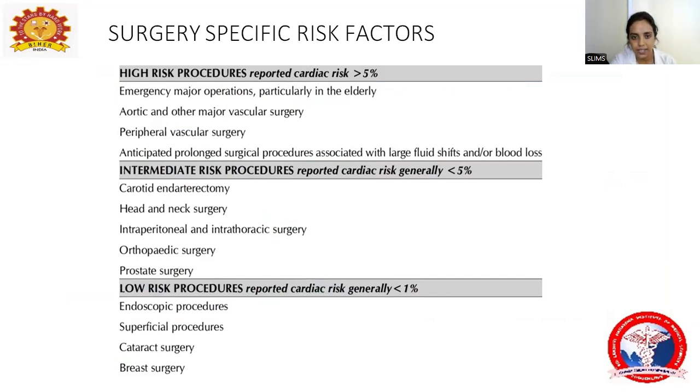These are carotid endarterectomy, head and neck surgery, intraperitoneal and intrathoracic surgeries, orthopedic surgery, and prostate surgery. A low-risk procedure, where the cardiac risk is less than 1%, consists of endoscopic procedures, superficial procedures, cataract surgery, and breast surgery.